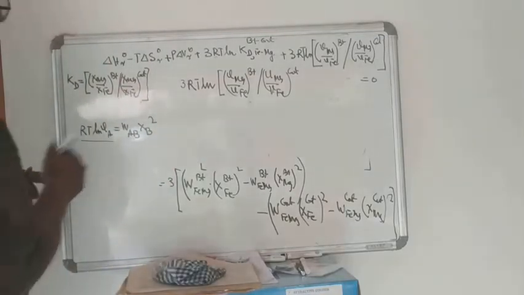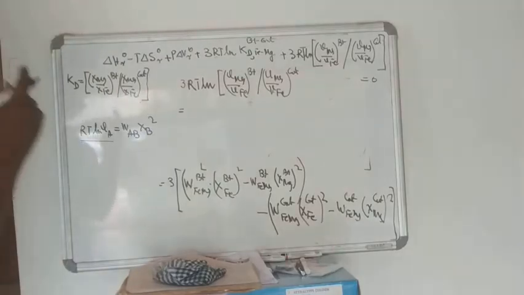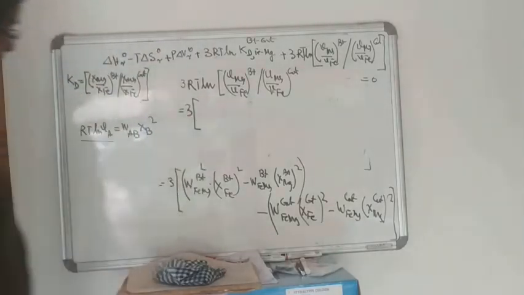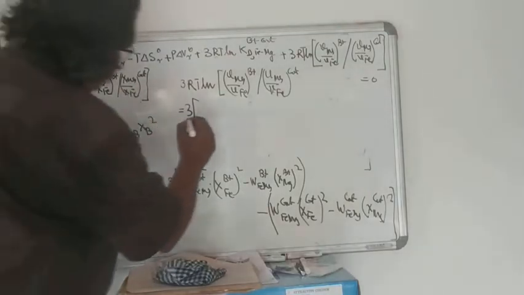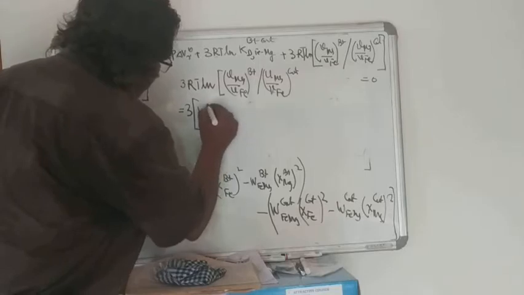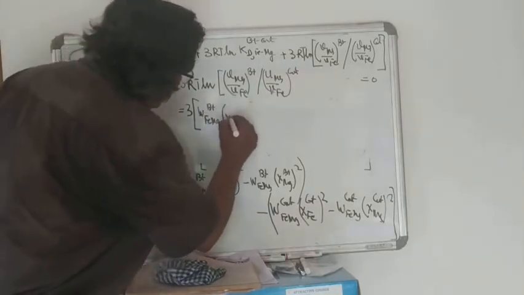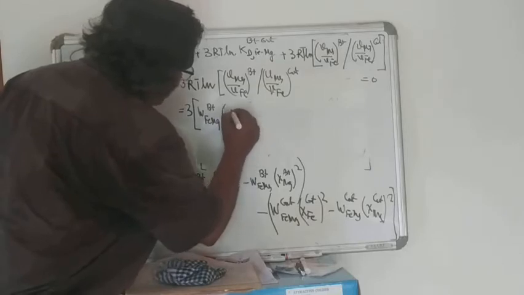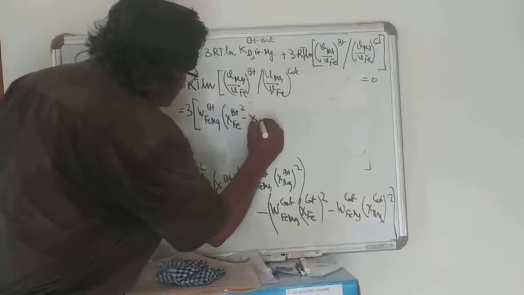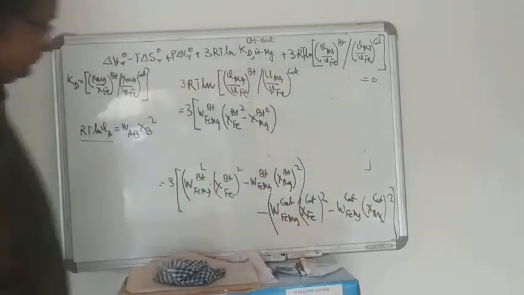And what we can write from this now is equal to 3 as before, and put a bracket. And this will be W_FeMg biotite into X_Fe biotite squared minus X_Mg biotite squared. Yes or no?